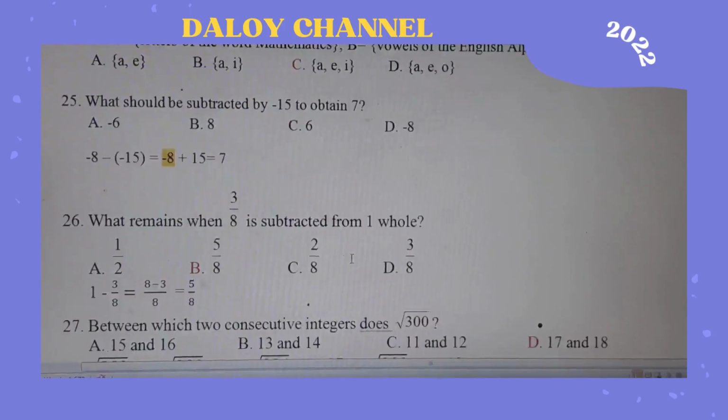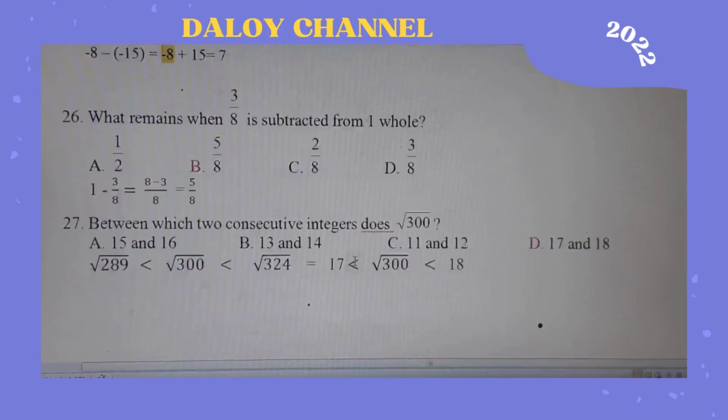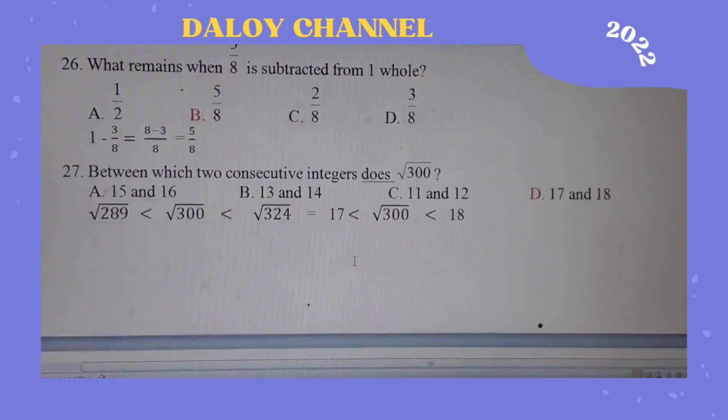Number 26. What remains when 3 over 8 is subtracted from 1 whole? Number 27. Between which two consecutive integers does the square root of 300 belong?